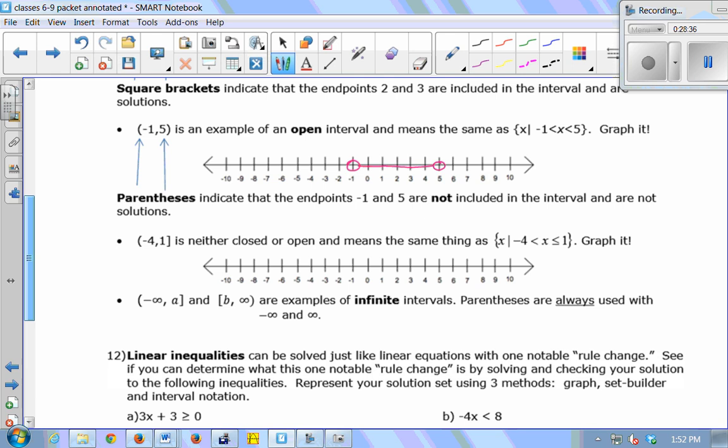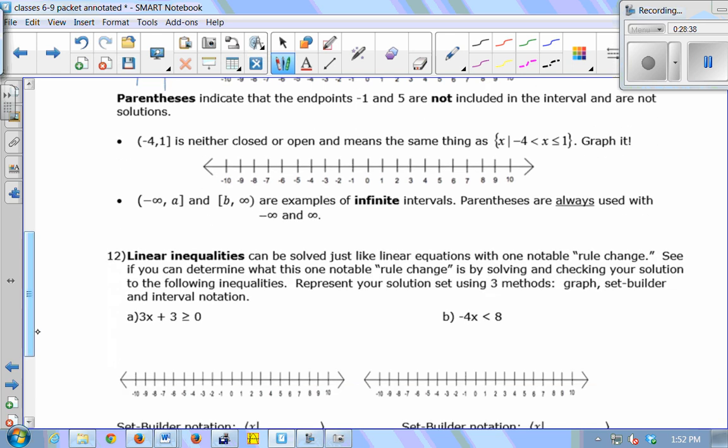And then here we have an example that's half open, half closed. -4 to 1. This time we're not including the -4, and are including the 1, because there's a round bracket on the -4 and a square bracket on the 1.